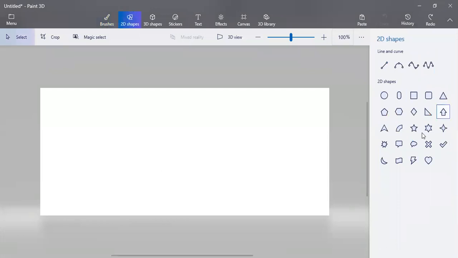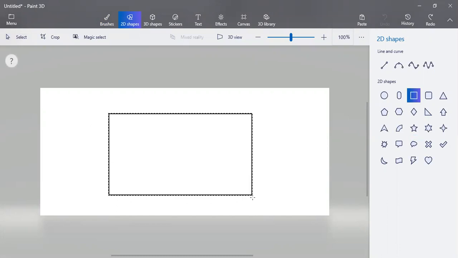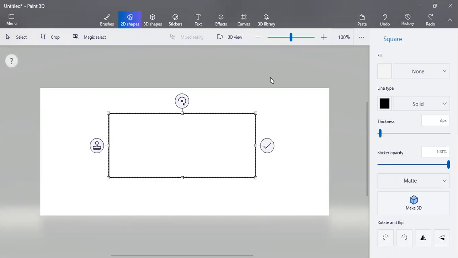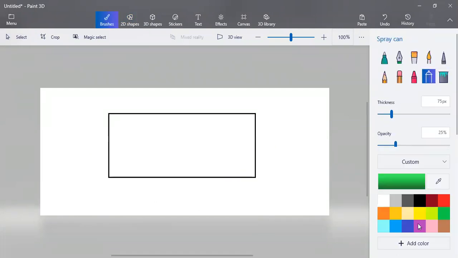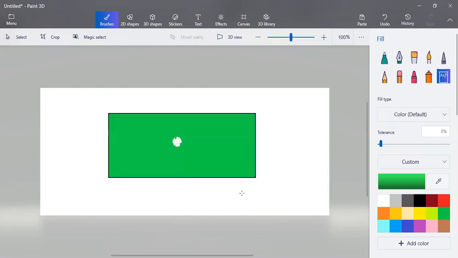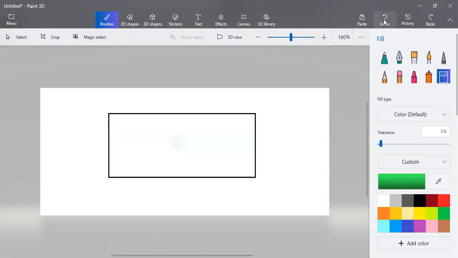Okay, so let me draw the same rectangle, same picture. So that was a rectangle. Okay, so let me shade it. It was green, right? Now they are not exactly the same colors, but fine.